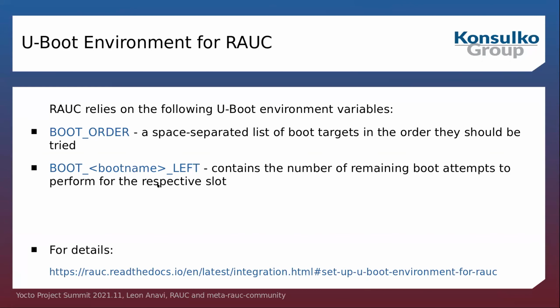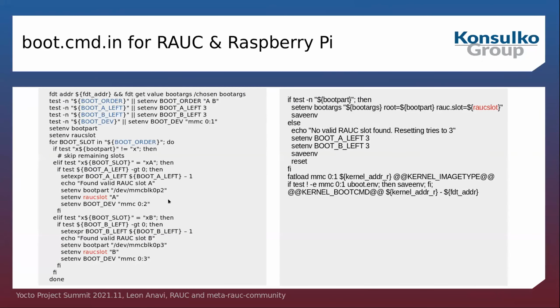Now, the hard part, based on my experience, when you are porting RAUC to a new device is to create the script that switches between the slots. Here is an example based on what we have for Raspberry Pi. This is very specific depending on the device, but you need to implement this.